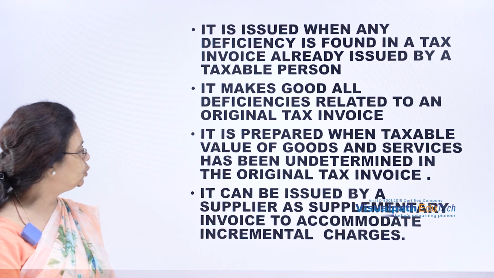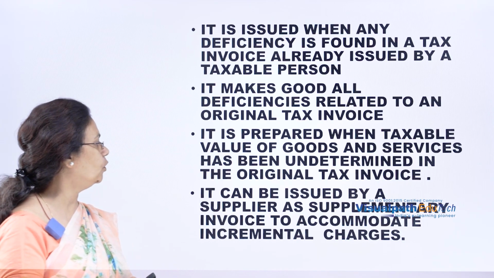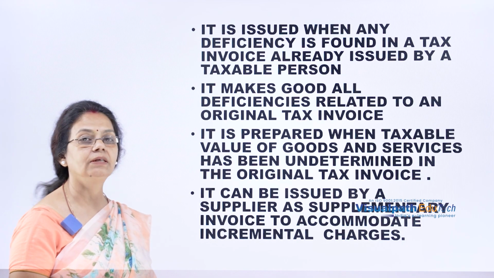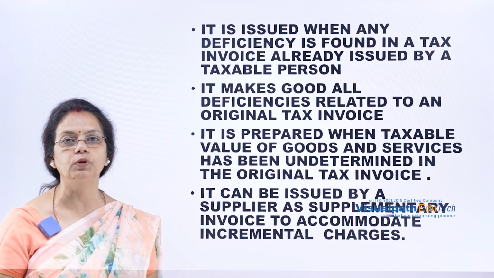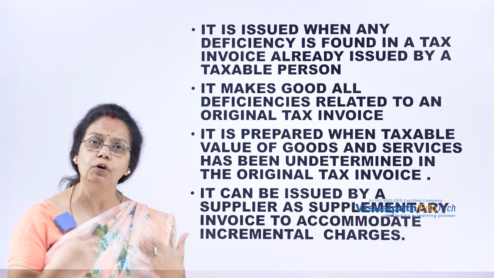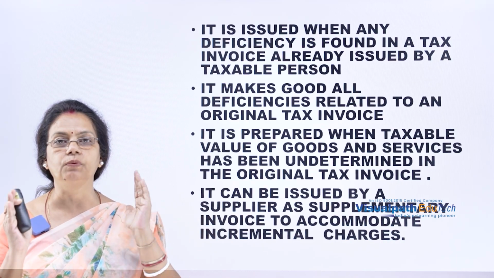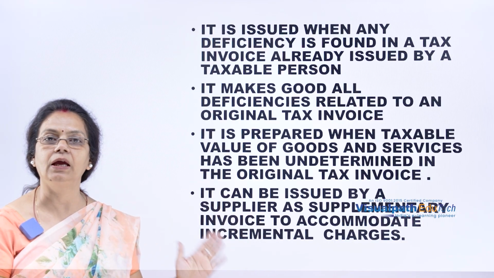It can be issued by a supplier as a supplementary invoice to accommodate incremental charges. So whatever extra charges we forgot to include in the invoice, that amount has to be included over there in the supplementary invoice.